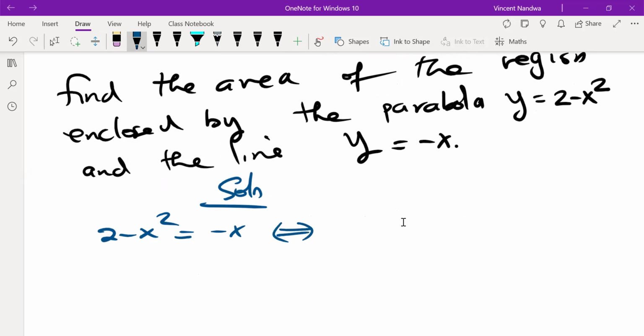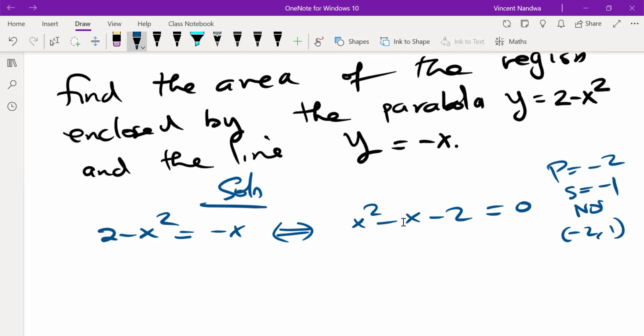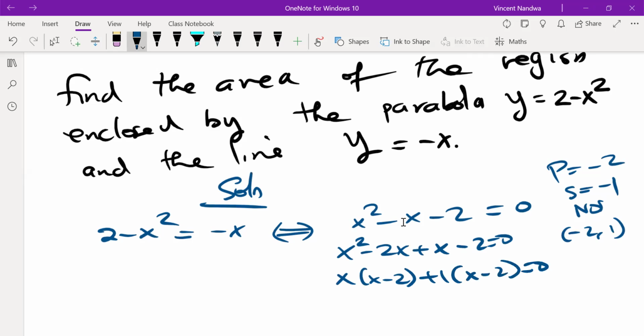So which is the same thing as saying x squared minus x minus 2 equals 0. So product is -2, sum is -1, numbers -2 and 1. So we'll have x squared minus 2x plus x minus 2 equals 0. So x into x minus 2 plus 1 into x minus 2 equals 0.